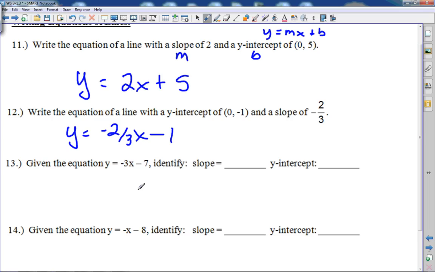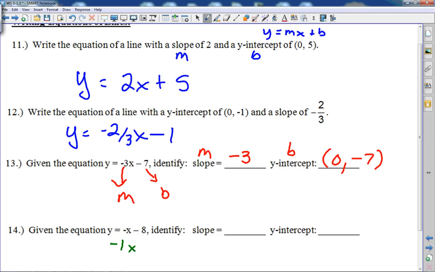Given this equation, okay, which number is the slope? There's m, there's b. M is the slope, so I have negative 3. B is the y-intercept, and I'm going to write it as 0, negative 7. The next one down here, now this says negative x.